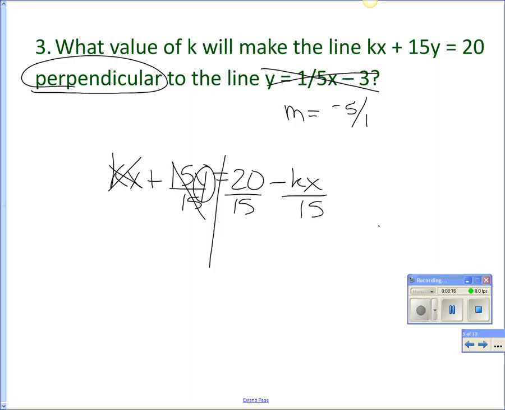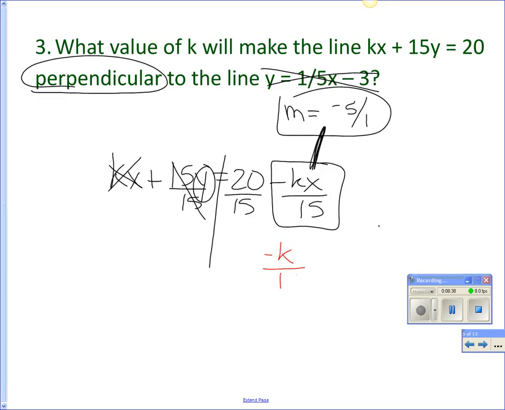All right, this is the slope I need. Elizabeth, which one of these is the slope? The 20 over 15 or the k over 15? Yep, so this is going to match up with this. These two things have to go together, okay? Let me go ahead and put negative k over 15 equals negative 5 over 1, okay?